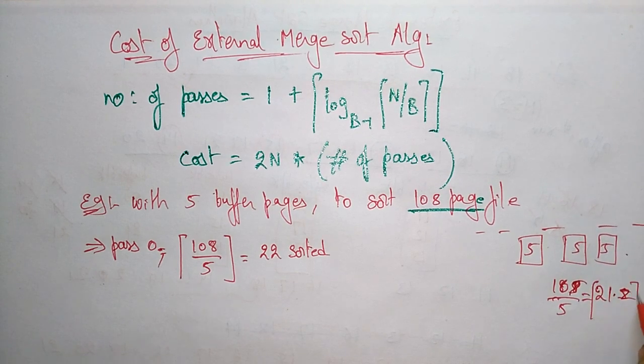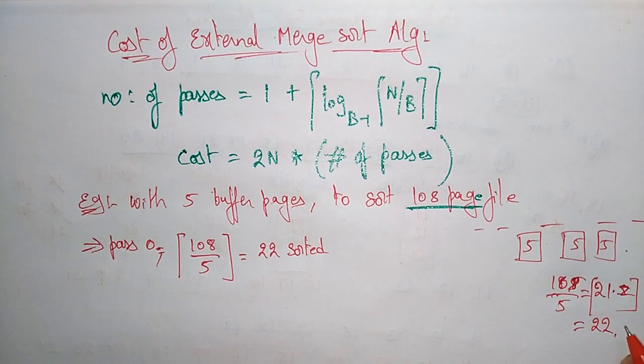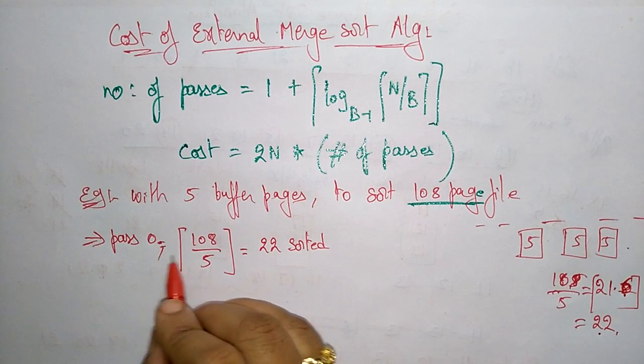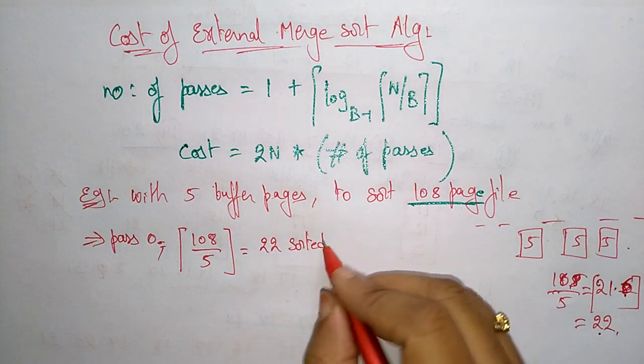This is a ceil, which means you have to round it up. So rounding up 21.6 you get 22. So ceil of 108 by 5 gives you 22 sorted runs.